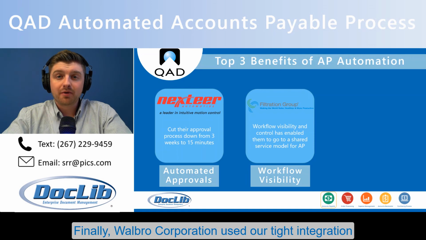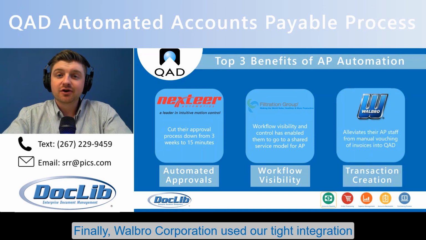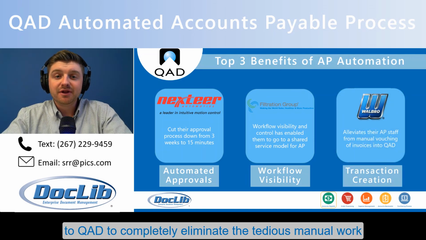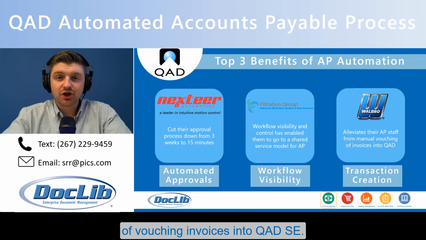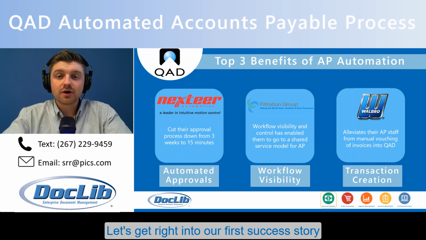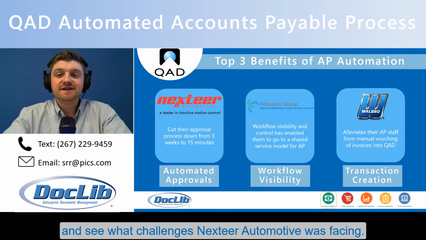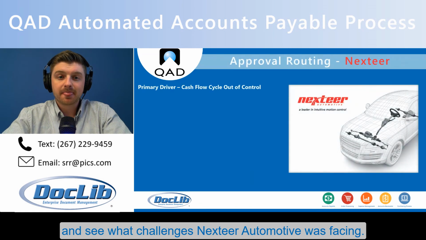Finally, Walbro Corporation used our tight integration to QAD to completely eliminate the tedious manual work of vouching invoices into QAD SE. Let's get right into our first success story and see what challenges Nexteer Automotive was facing.